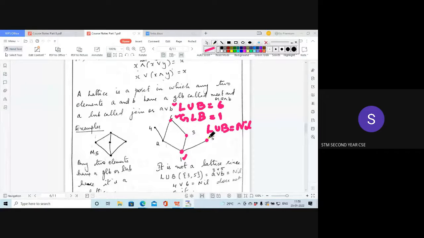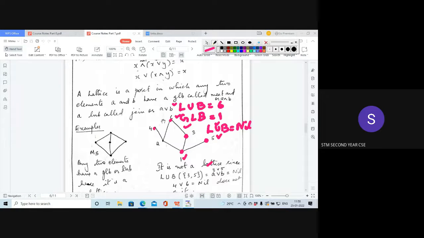So it cannot form a lattice, because for every pair there should be a least upper bound and a greatest lower bound. So when we look at 3 and 5, it has no least upper bound, which means the entire thing cannot be considered a lattice. If either the least upper bound or the GLB doesn't exist for any pair, then we say that it is not a lattice.